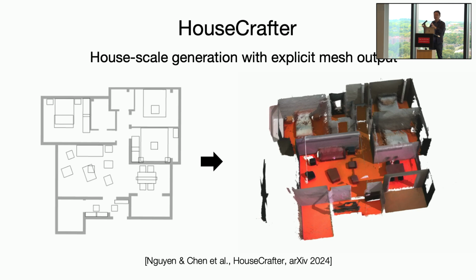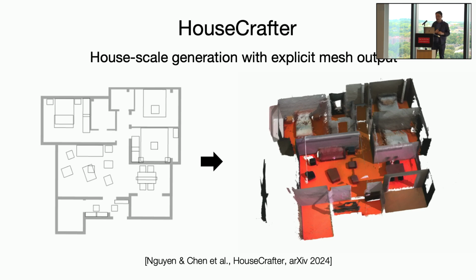In one scene, probably 2 rooms. In another one, probably 5, right? And also, we have explicit mesh output. That means in 3D, exactly in 3D, the existence of a bed, so you can easily have interactions with the generated scene, right? And you can also port those generated things into existing tool chains like Unity, Blender to facilitate downstream application development.